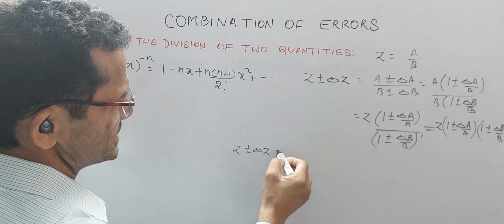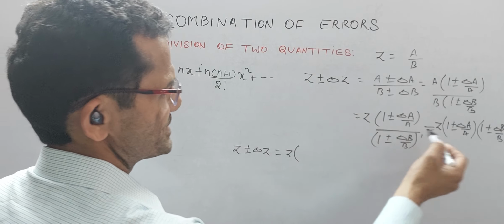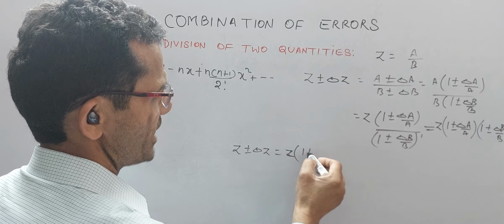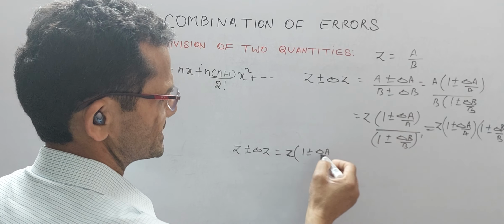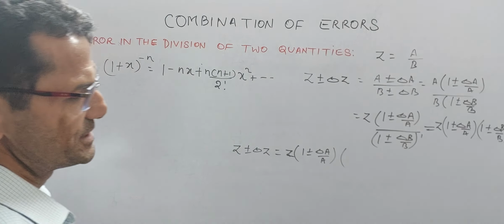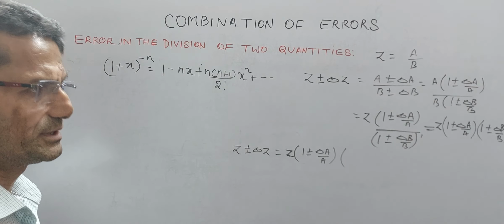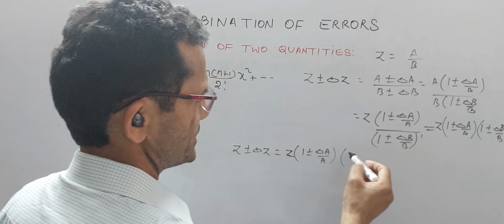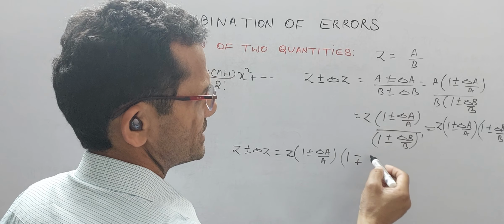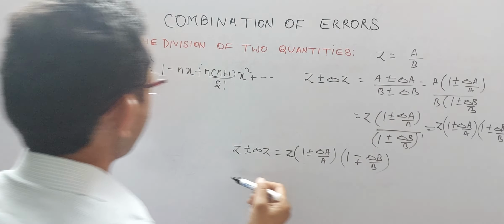Z plus minus delta Z will be Z, the first term, multiplied by 1 plus minus delta A, the absolute error in A, divided by A. Now expand binomially: 1 plus minus delta B upon B has the power minus 1. This minus 1 goes here, so it becomes 1 minus plus delta B upon B and other smaller terms.